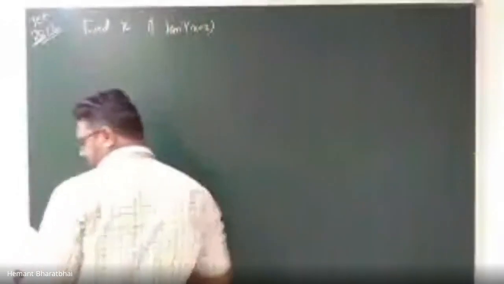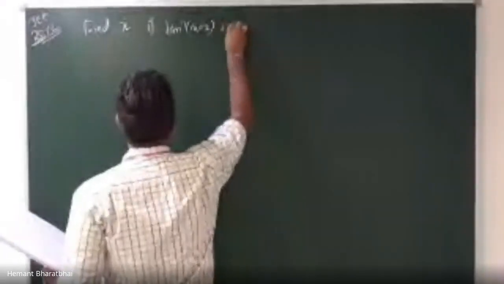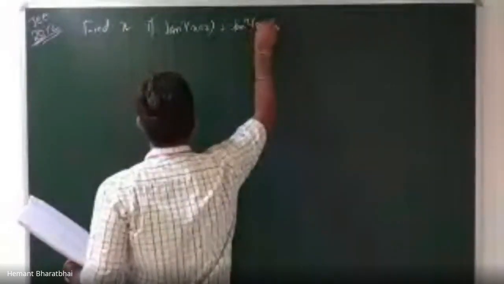Next question. Find x. This came in 2010. If tan inverse of (x plus 2) plus tan inverse of (x minus 2) is equal to tan inverse of 8 by 79, where x is greater than 0.